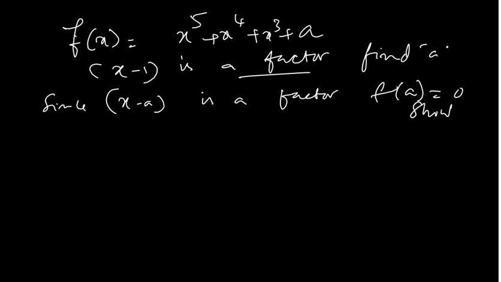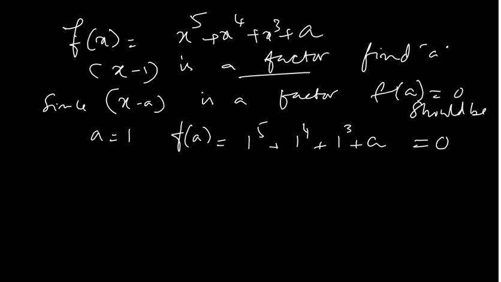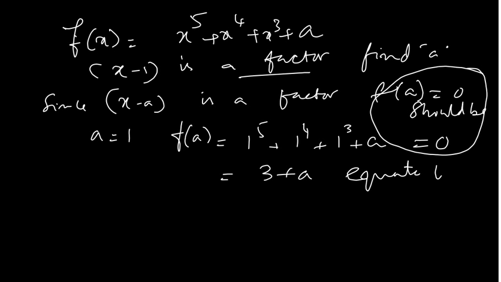In our case, a equals 1. So f of a is 1 to the power of 5 plus 1 to the power of 4 plus 1 cube plus a. This should be equal to 0. So 3 plus a equals 0, the remainder should be 0. Therefore 3 plus a equals 0 means a equals minus 3.